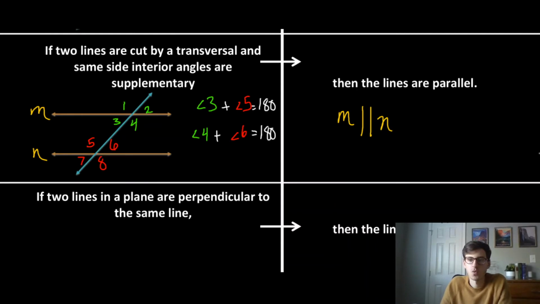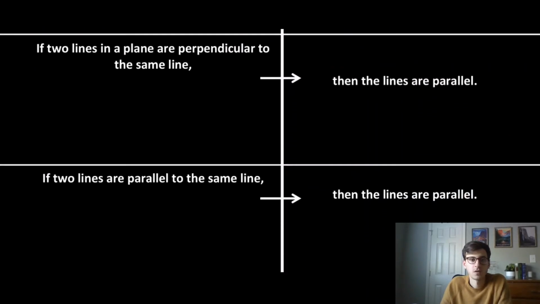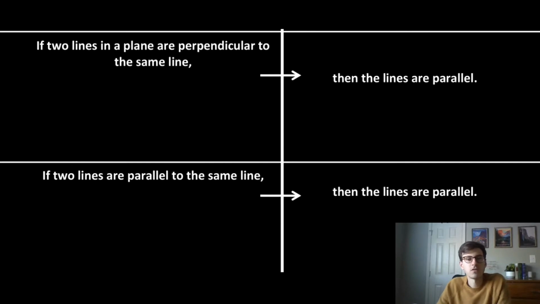Okay, we've got 2 more. So there were 5 ways. If 2 lines in a plane are perpendicular to the same line, then those lines are parallel. So we have to draw our own here. Guess I can try to keep the colors somewhat the same.